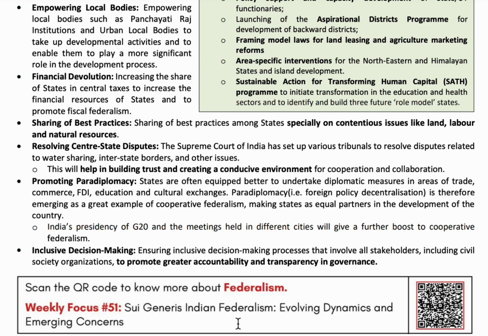And the states should make development in such a way that paves the way for the country's development. So they should take measures in areas of trade, commerce, education, hospitality, cultural exchanges, etc., making each and every state an equal partner in the development of the country.